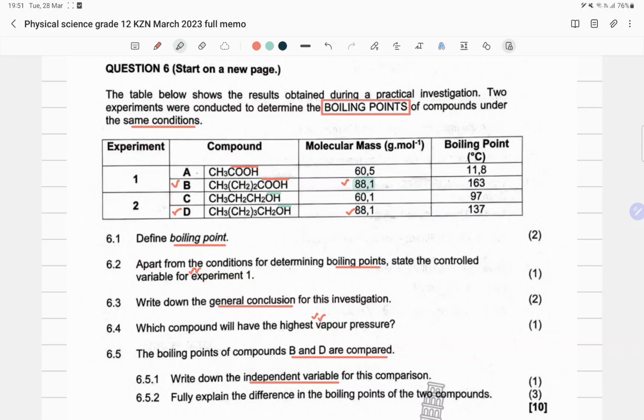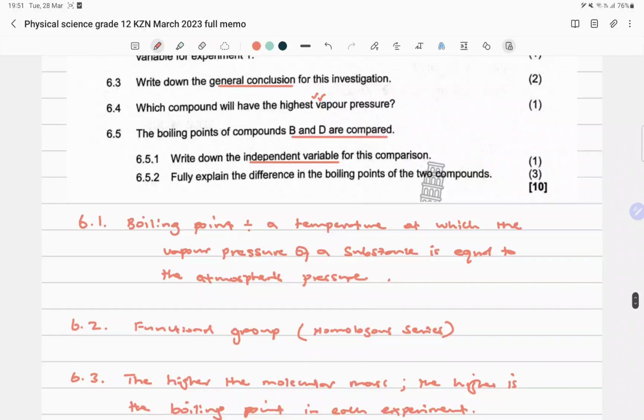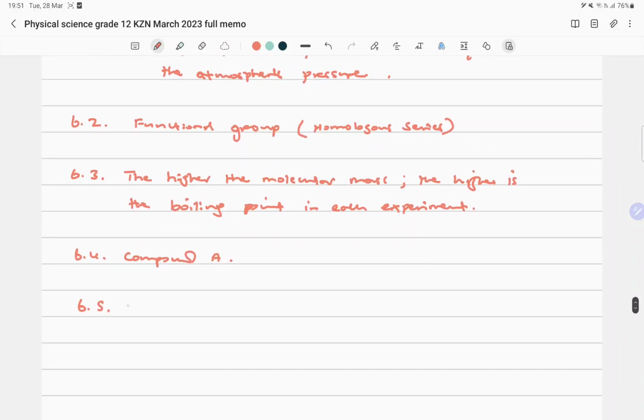I actually didn't notice that. So if they have the same molecular mass, it's a fair comparison, irrespective of the chain length, so to speak. Okay. So now what is the story there? So the independent thing is their functional group, because that is what is changing here.